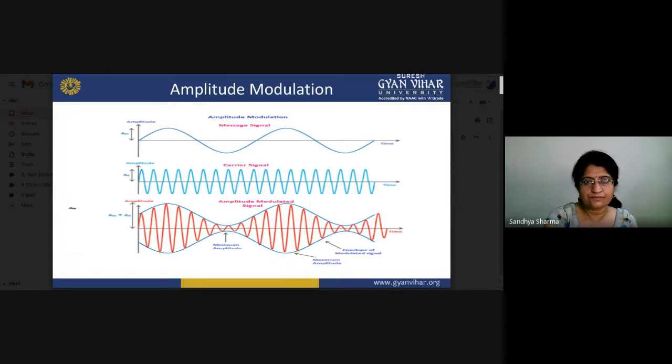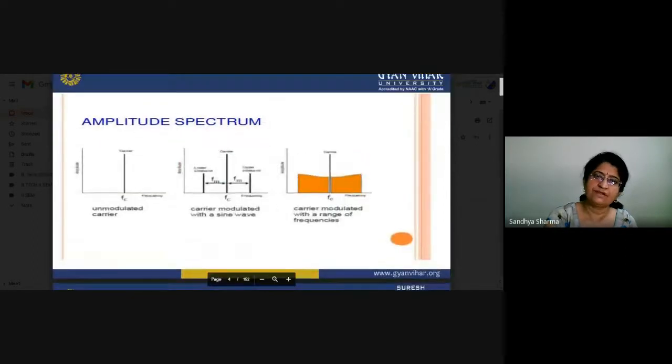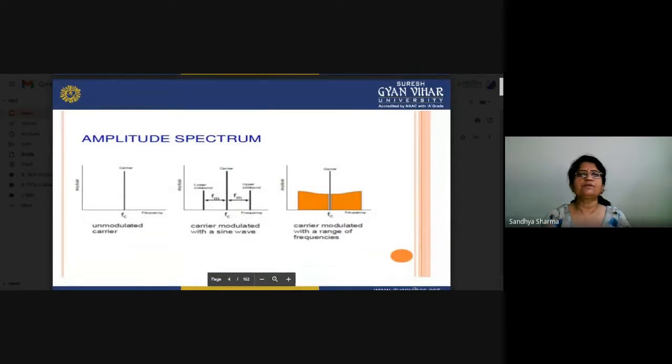Further, we will see what happens when we have done the modulation. When your modulating signal is superimposed on our carrier signal, we get a spectrum. So what type of spectrum do we have to discuss?